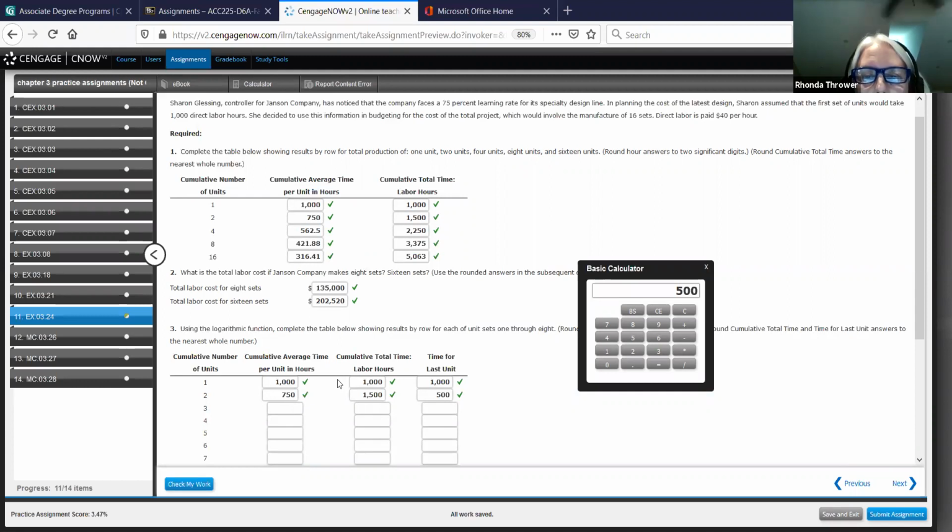So now I'm going to take you to my Excel spreadsheet where I've got the results of cumulative units number 3. I'm going to show you how to get the results for that using Excel to use that logarithmic function that they're asking you to do.